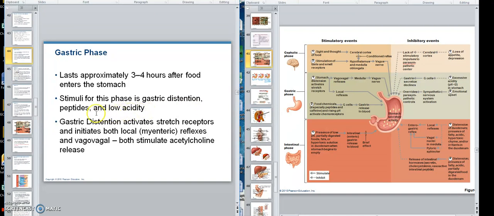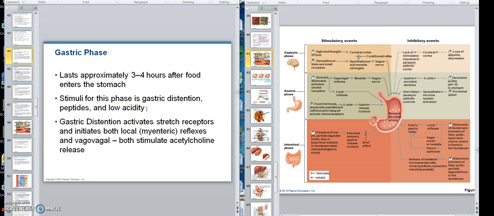Now, the peptides are proteins. It doesn't even have to be peptides. Here's a definition. A protein has more than 100 amino acids. A peptide has less. So that and low acidity, low hydrochloric acid, will stimulate the G cells to do something.